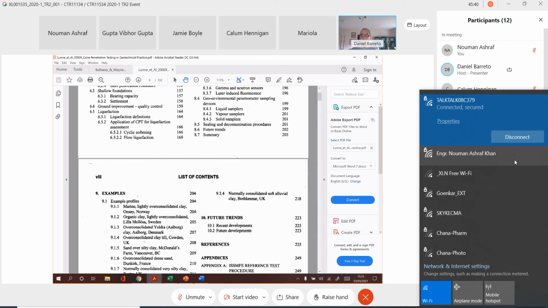So when you go to these different pages, you can find different equations. And again, I'll show you some of these next week.